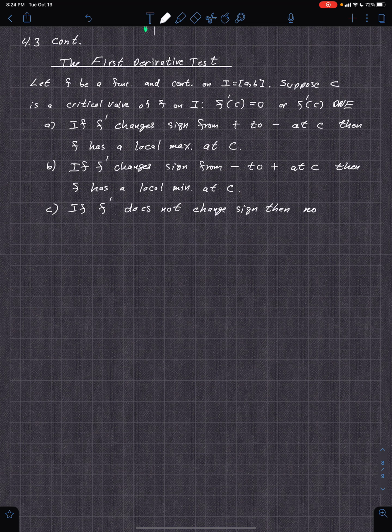We'll just say then no local extrema. Or extremum, sometimes they say. And we'll see that possible example as well. And usually it means something if you have a critical value, but it's not necessarily a local min or max. It just is something else entirely.